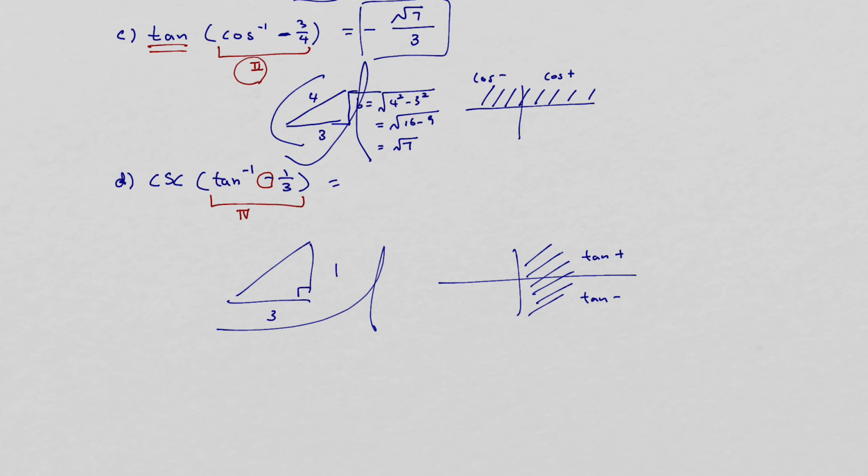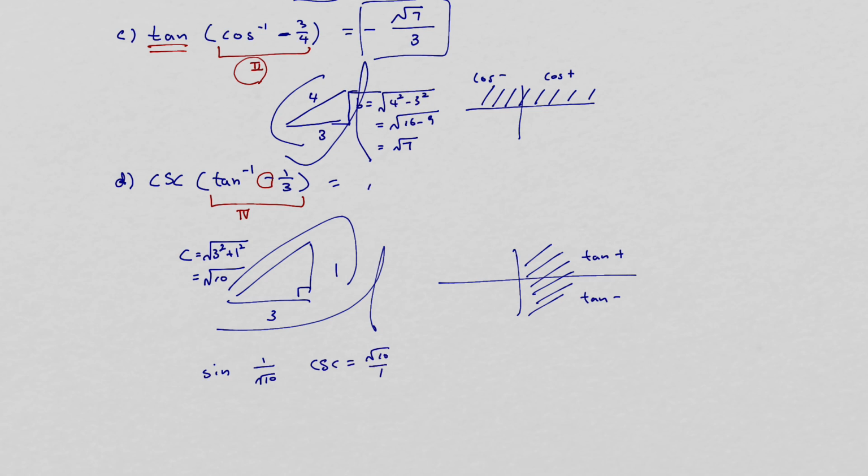Let's find your c, which is your hypotenuse. That's going to be square root of 3 squared plus 1 squared. So that will be square root of 9 plus 1, which is 10. So then your sine is going to be 1 over square root of 10, which means cosecant is going to be square root of 10 over 1.